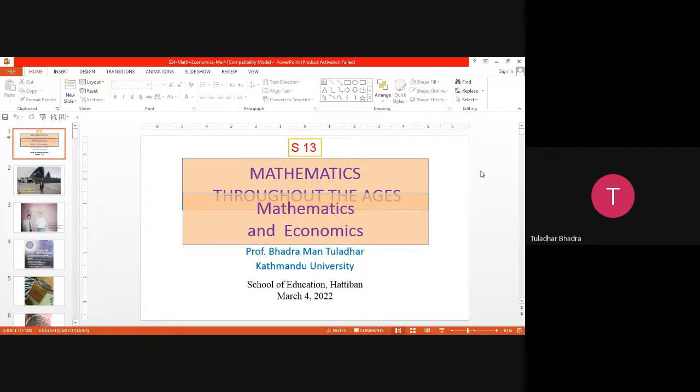They call it the Nobel Memorial Prize. It's not really a Nobel Prize, we call it the Nobel Memorial Prize. The prize given in economics is in memory of Nobel, not started by Nobel himself. Okay, that will be enough for today.